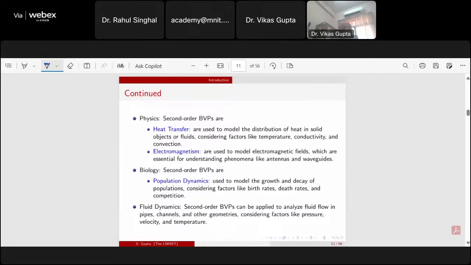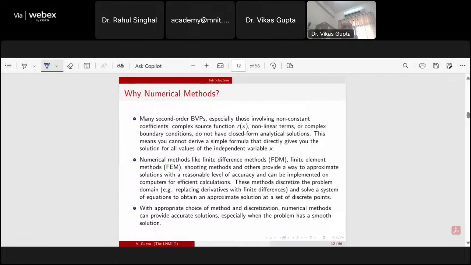So, in a nutshell, you can find a large number of applications of second order boundary value problems in real world problems. Now, the main question is why we need numerical methods to solve second order boundary value problems.